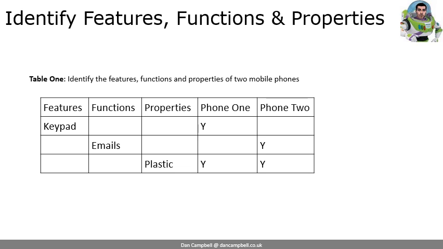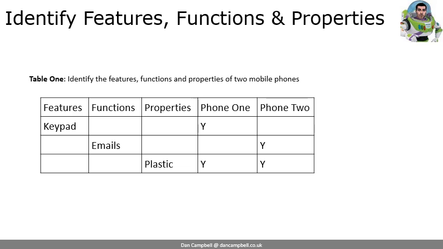In this table on the slide, we can see I've made a very simplistic approach at filling out a features and function comparison table. If you want to know more about comparison tables, please look at my other video looking at the use of comparison tables within written reports.